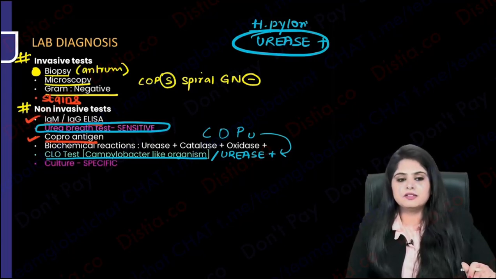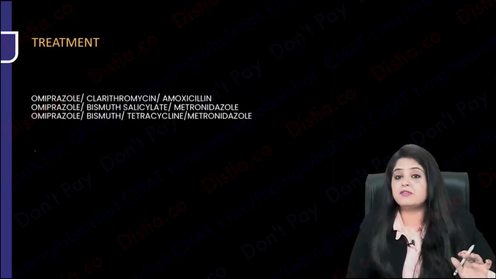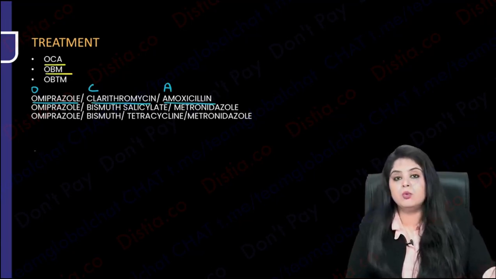Also, I want you to answer one thing for me. Do you remember the treatment protocol, triple drug and 4-drug regime? I've got you something from the pharmacology lectures. We all know that there is an OCA regime: omeprazole, clarithromycin and amoxicillin. Then we have the OBM regime, so OCA and OBM.